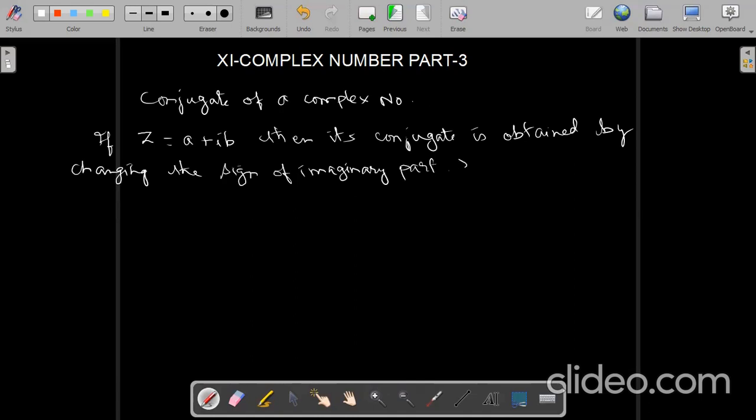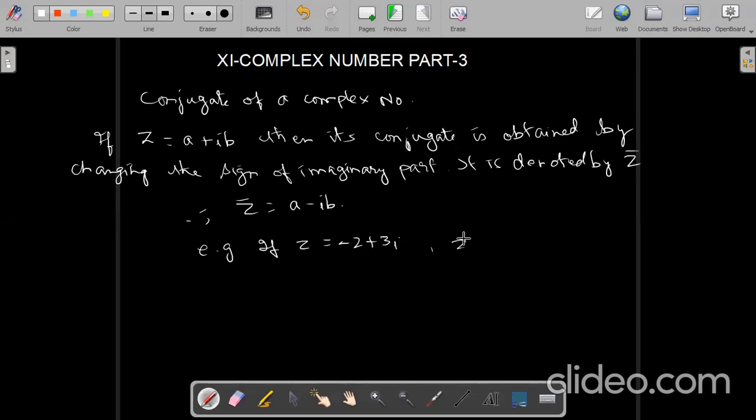Okay, and it is denoted by z bar. So z bar will be equal to a minus iota b. Correct. So for example, if z is equal to minus 2 plus 3 iota, then its conjugate will be equal to what?